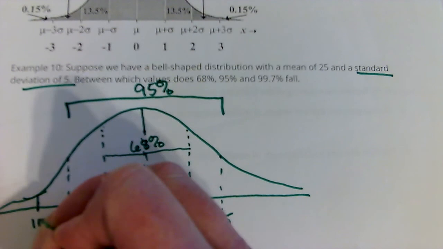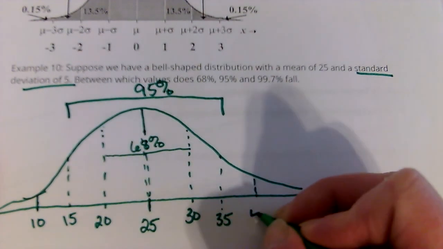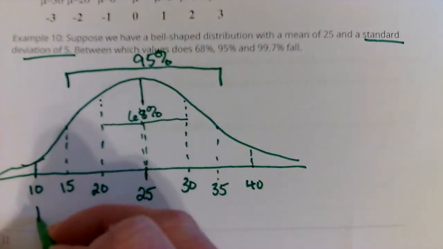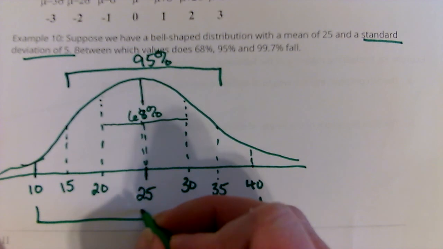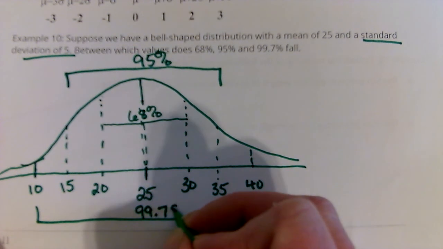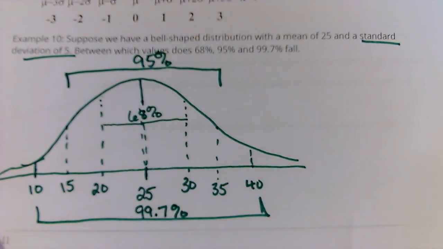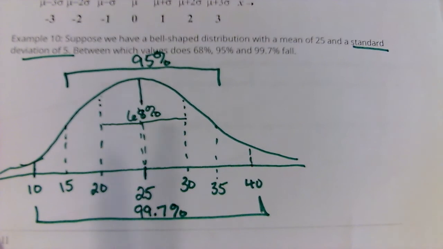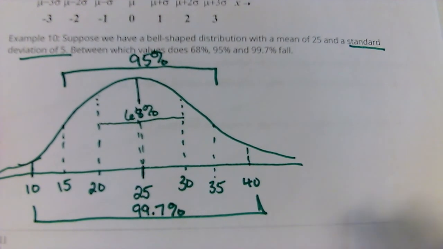And if I go out 5 more, 10 and 40, 99.7% are between 10 and 40. That's the empirical rule. And we're going to be coming back to that empirical rule a lot throughout this course.